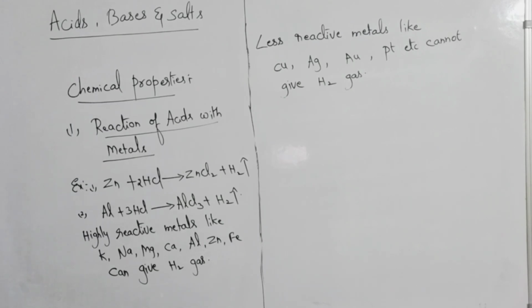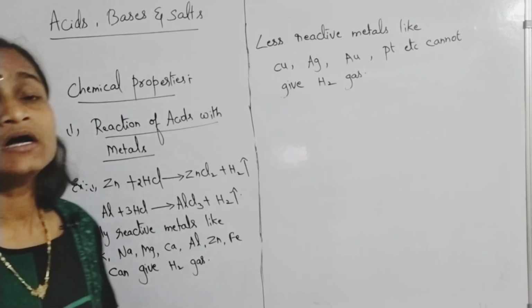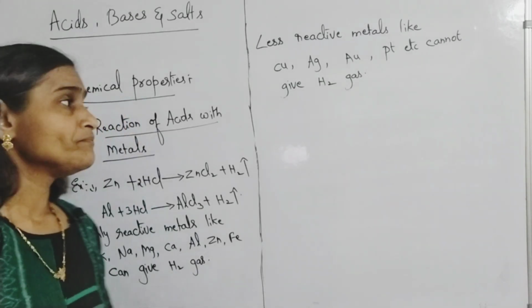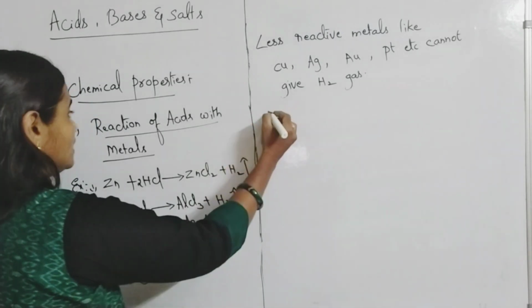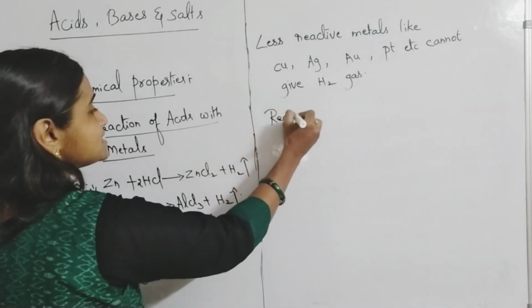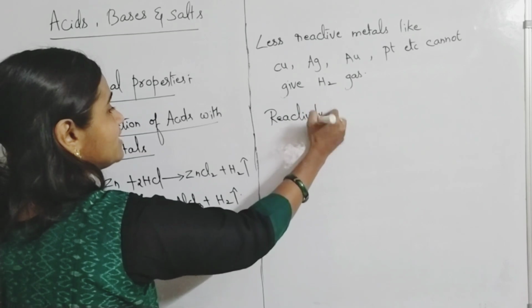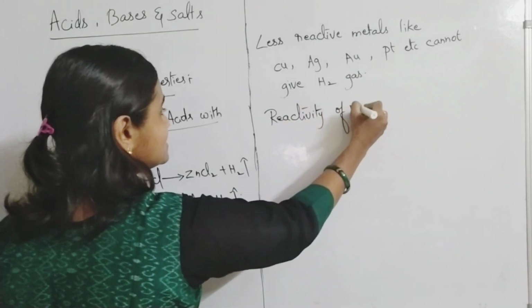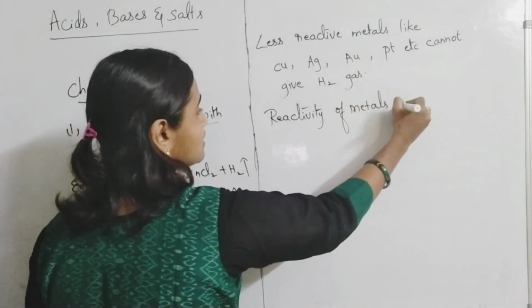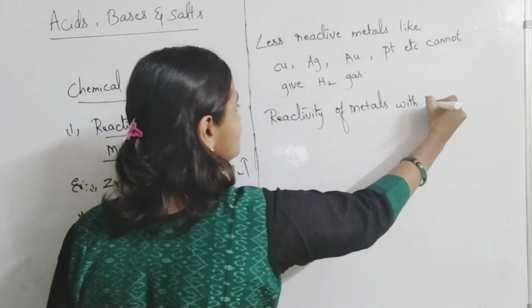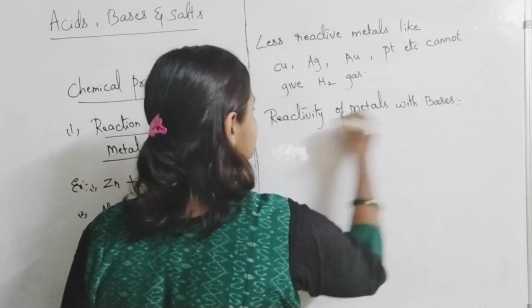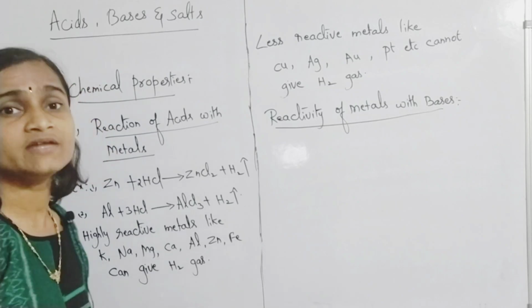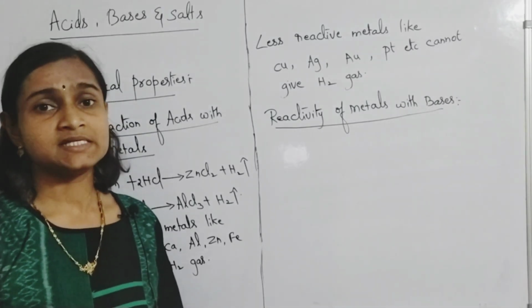If it happens like that, then you can say that the gas liberated is hydrogen gas. In the same way, can you expect the reactivity of metals with bases? Let us learn about them. Reactivity of metals with bases. Is this possible?